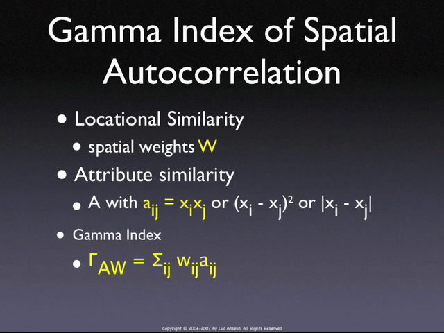So it's a very easy way to, if you wish, make your own test. You could say, well, I don't like squares, I like the fourth power better. So I have a new statistic, which is now xi minus xj to the fourth power multiplied by wij. Of course, the numbers will be different. Your inference may be different because you're exaggerating differences more, and it gives you a new statistic.